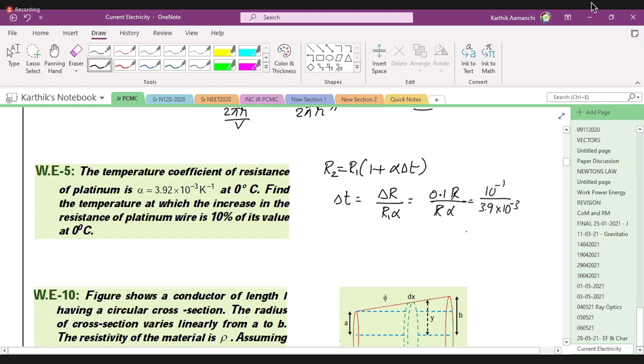Take it approximately as 4. So 0.25 into 10 power 2, 25 approximately is your delta T, isn't it? So T2 is 25 degrees, correct?